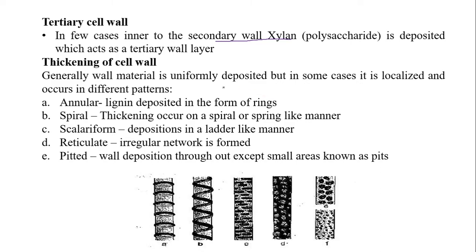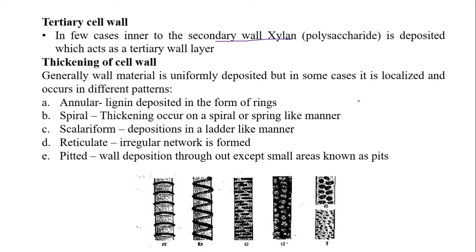Now the thickening, the secondary wall deposition, is not even in all the cells. It is usually seen in the complex tissues, in the sclereids or in the fibrous tissues of the dead cells of the xylem tissue, and the deposition is not uniform. The deposition differs.